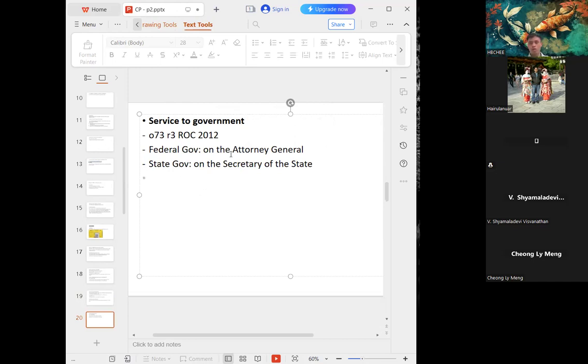Right now we are taking the position that I am suing the government of Malaysia. So when I want to serve, yes, it's to the AG of the department. However, if it is a state government, you just serve the secretary of the state, it's enough already. This is given under Order 73, Rule 3.